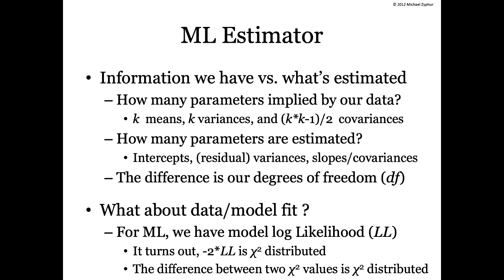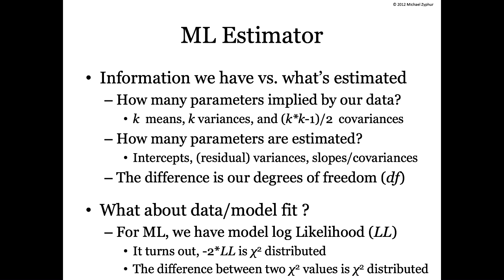So if you're going to use a maximum likelihood-based estimator, what kind of information do you have for informing the model that you estimate? Well, you've got all the observed data, right? And based on the observed data, you're going to estimate your unknown parameters. So how many parameters are implied by our data?